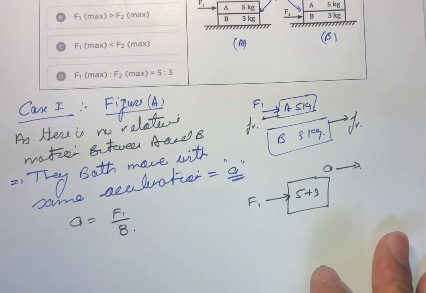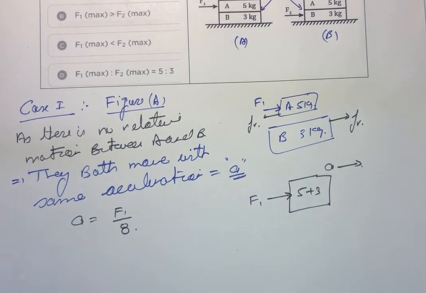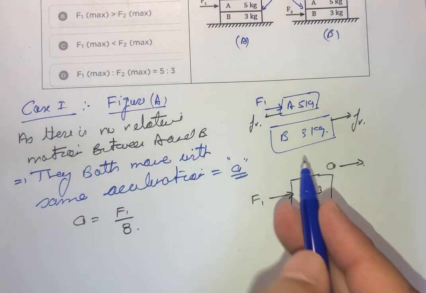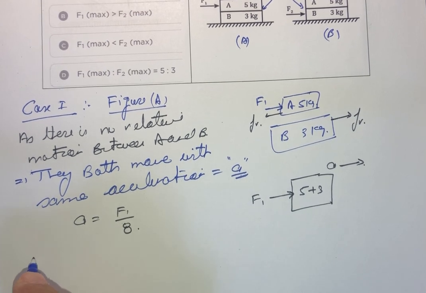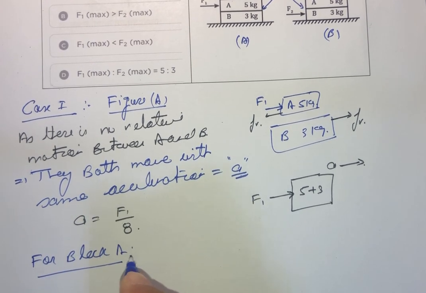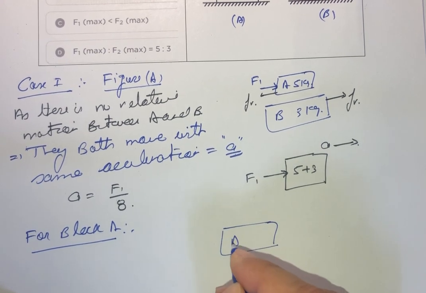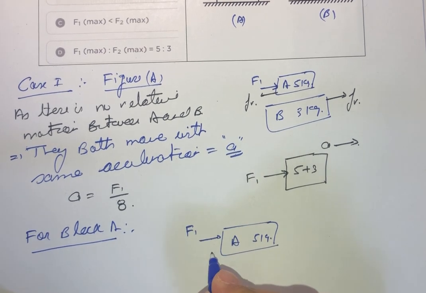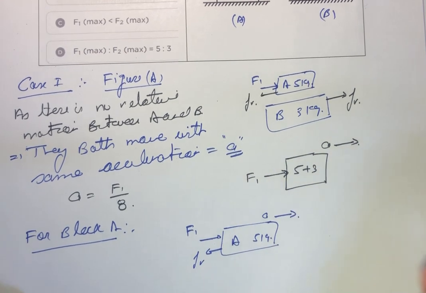Okay. So let us draw individually for A and B. First, for block A, which is 5 kg, we have F1 and Fr, and acceleration a.